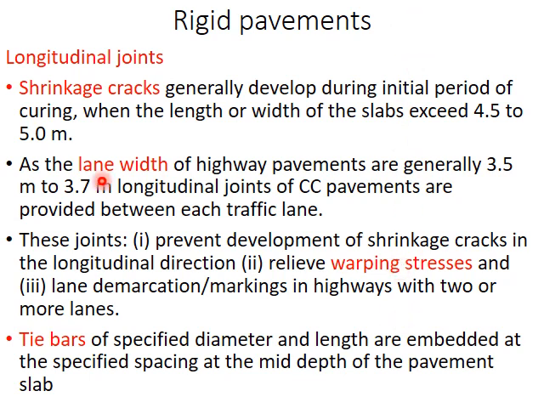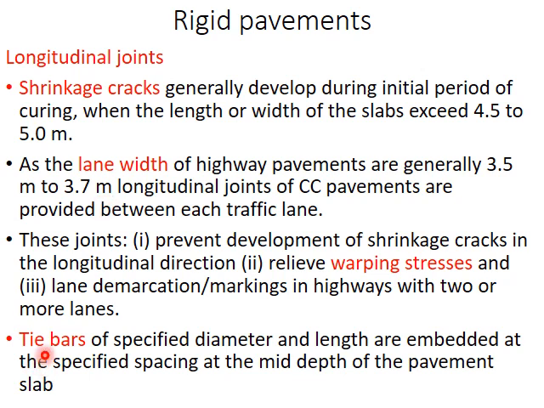These joints can prevent the development of shrinkage cracks and warping stresses, and they can also serve as lane demarcation or markings, because the longitudinal joints come along the length of the pavement after a width of generally 3.5 to 3.7 meters.